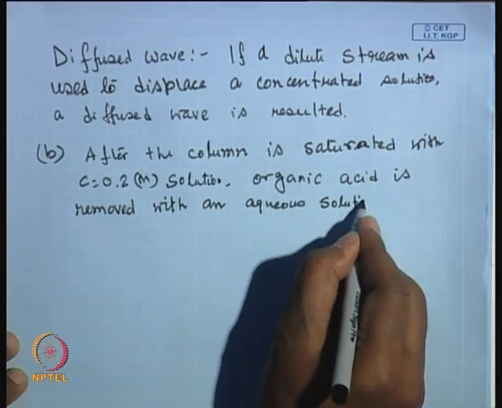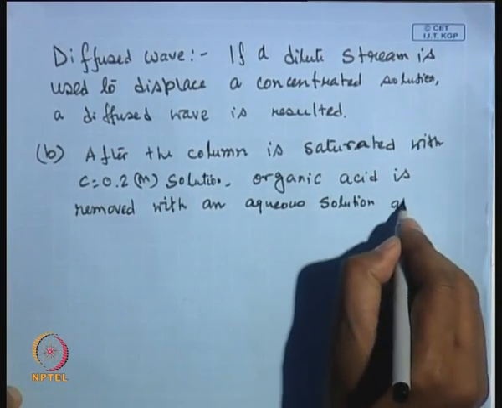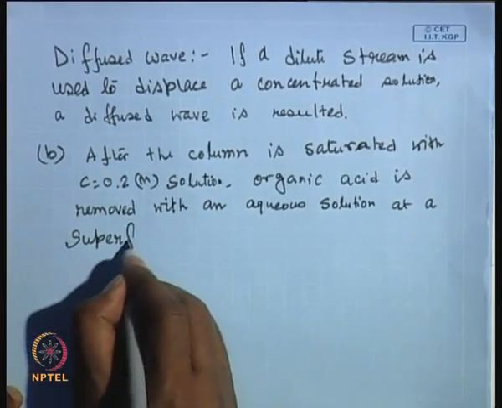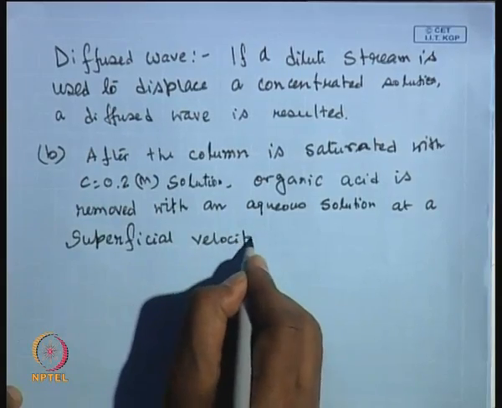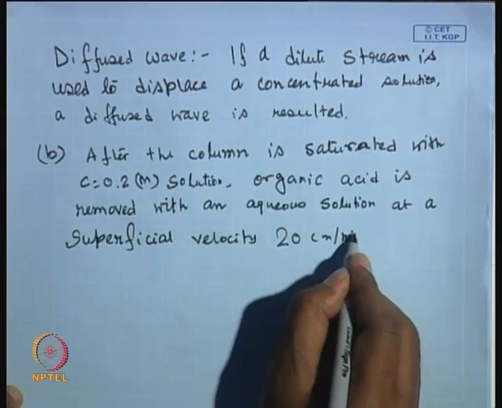Here the dilute stream is nothing but the aqueous solution. Aqueous solution at a superficial velocity 20 centimeter per minute.